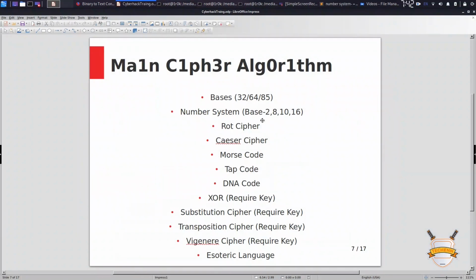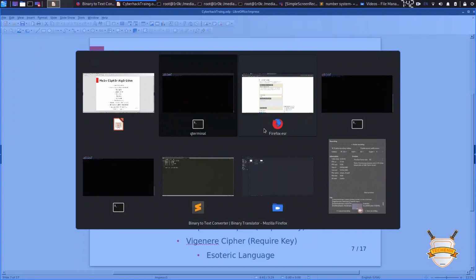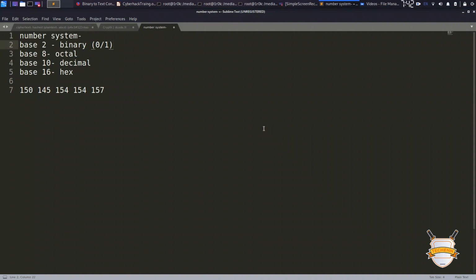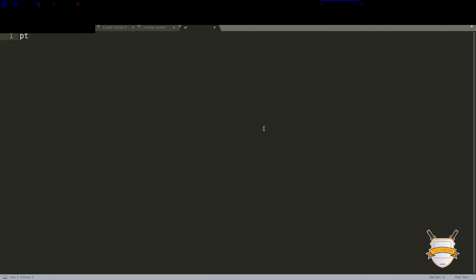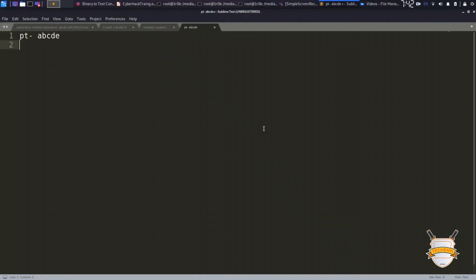Now proceeding to the third one, which is ROT cipher. What actually ROT cipher is, let's say I have a plain text as A, B, C, D, E, and I say the key is 1.